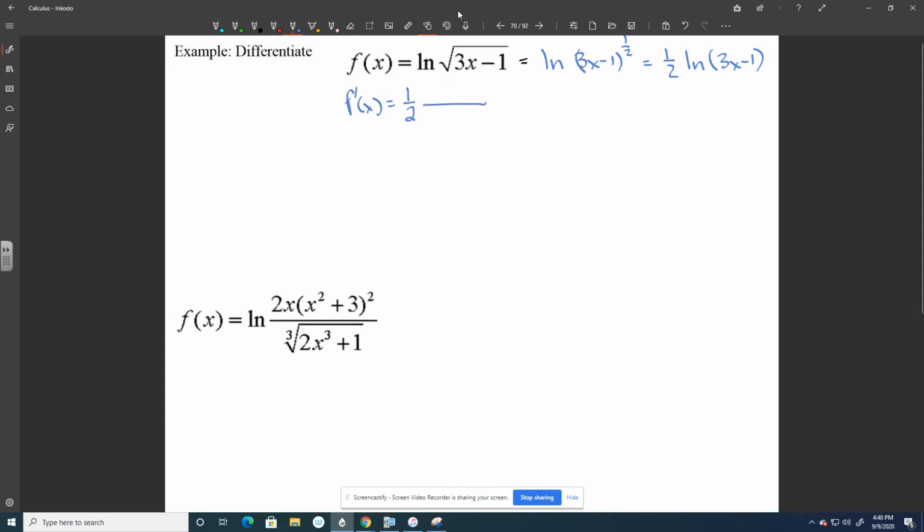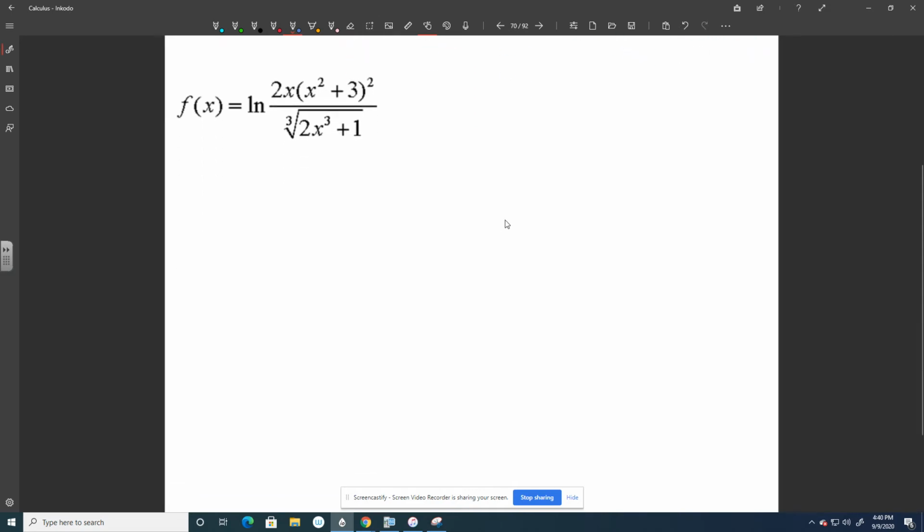So I'm going to make a fraction, and the 3x minus 1 goes on the bottom, and on the top goes the derivative of the 3x minus 1, which is just 3. So when I combine all this together, I end up with 3 on top. And what do I get on the bottom? 6x minus 2. That looks good to me. I'd be okay with that answer.